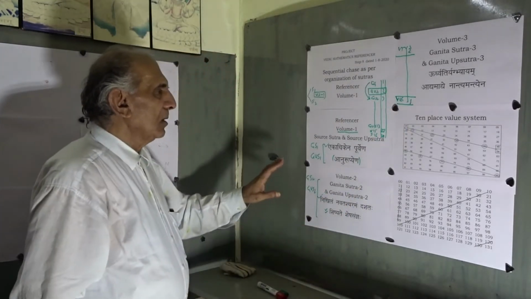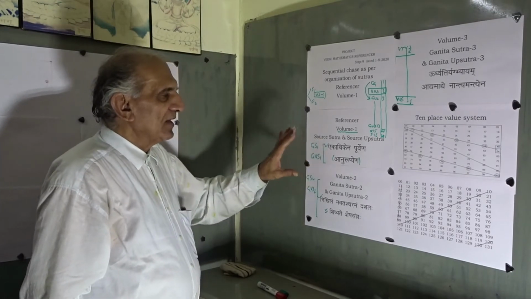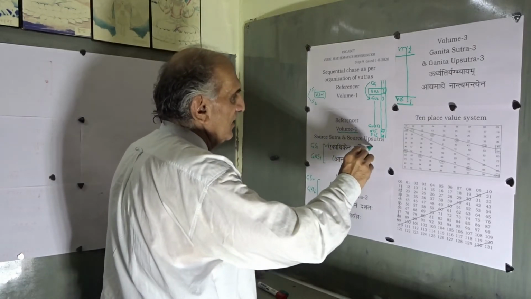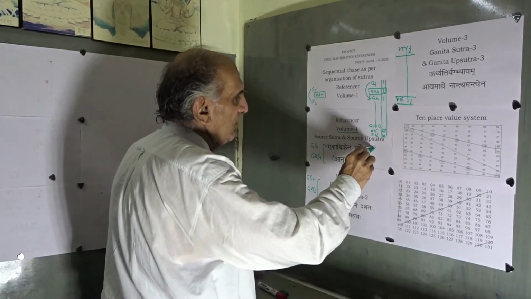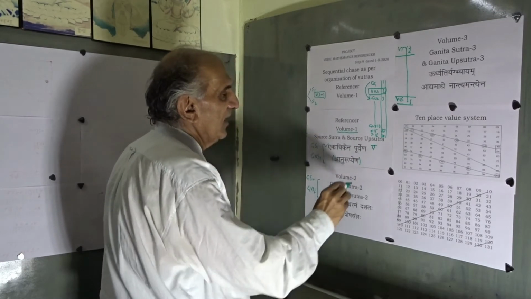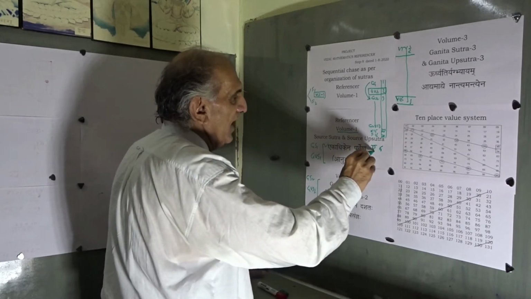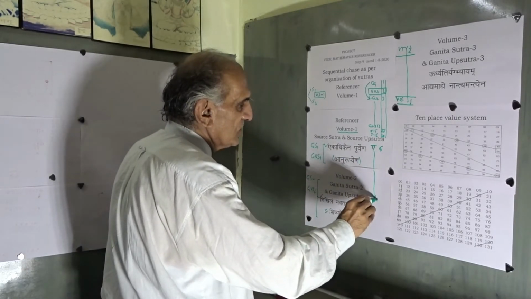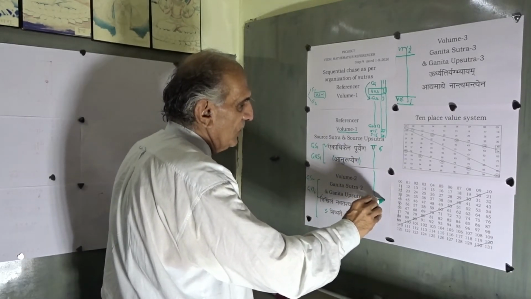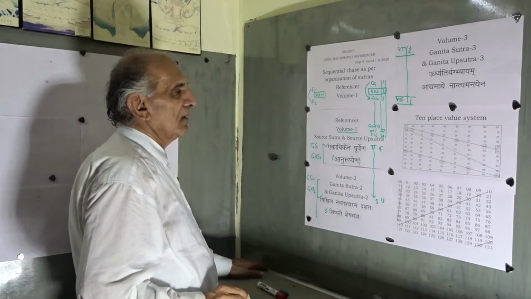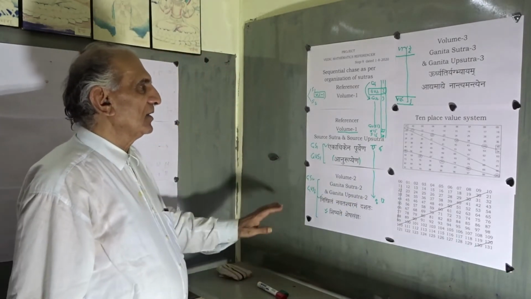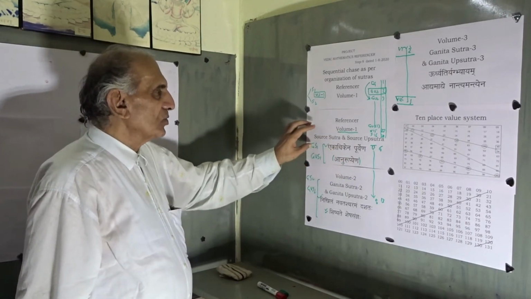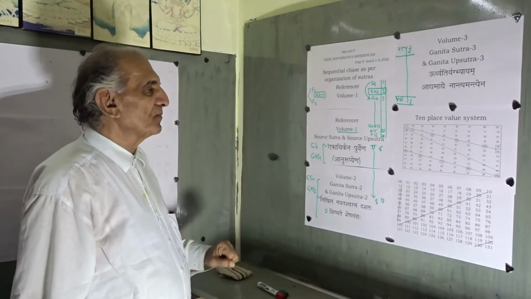Now, here we can see that when we are starting with Ganita Sutra-1, that would mean we will start with its first letter A, the sixth vowel, and at the end, at the 16th sutra, the last letter is going to be Sarjani of value 13. Now, Ganita Sutra-1 and Ganita Sutra-1 are the source sutra and source of sutras.